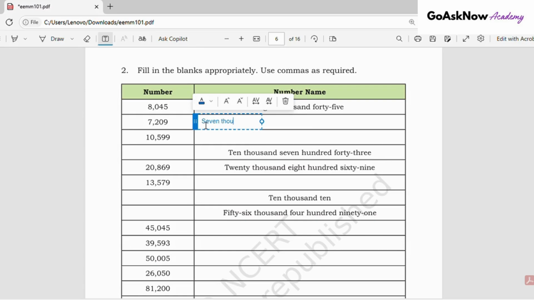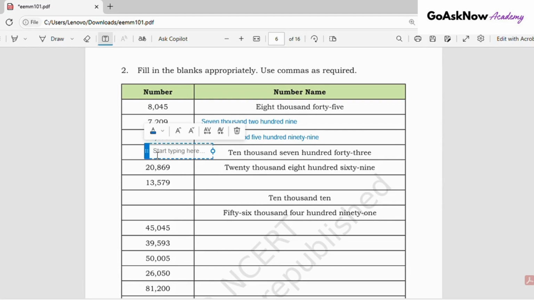Seven 1,209. Next, this is 10,599. Here, which is 10,743.